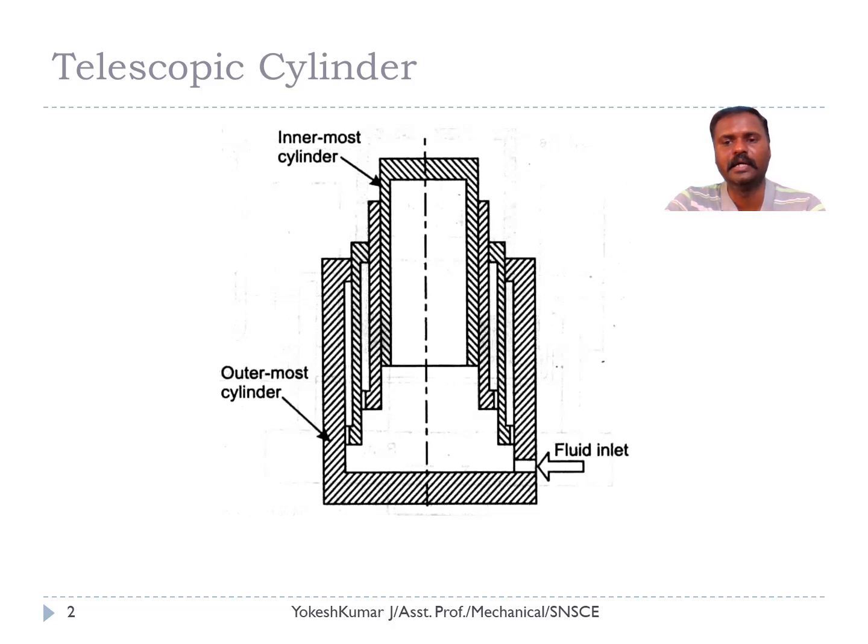When you want to retract the cylinder, you have to remove the fluid at the bottom via the direction control valve, bypassing it to the reservoir, so that it comes back to its original position. All the cylinders settle down in the concentric tube.